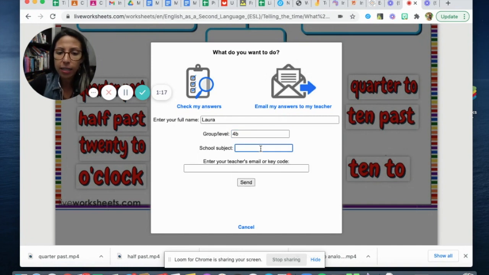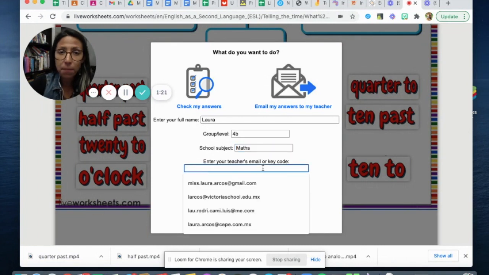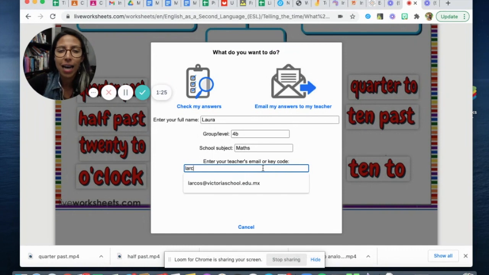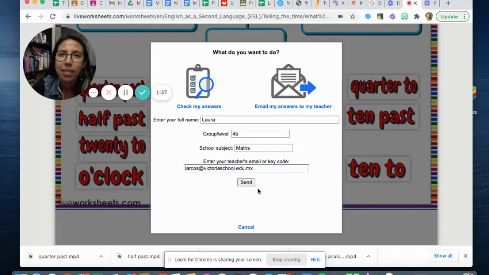And here you can type in maths and my email. What is my email? larcos@victoriaschool.edu.mx. And then click on send, and I will be able to see your answers.